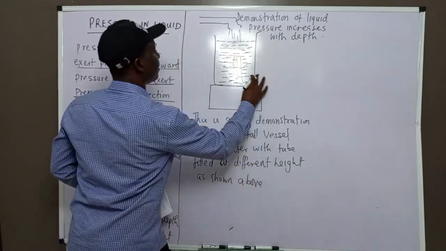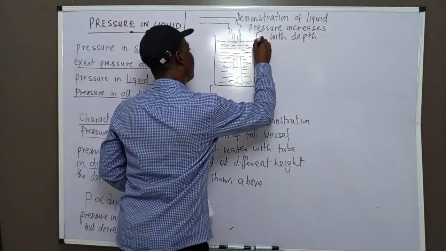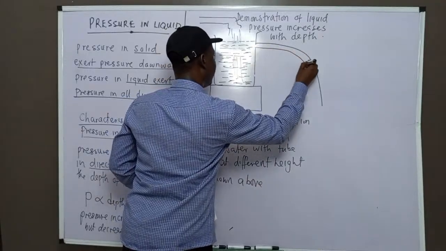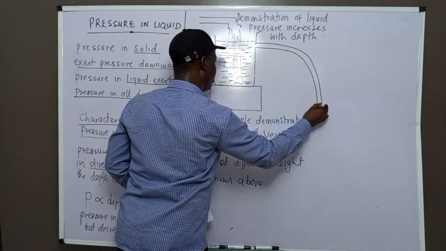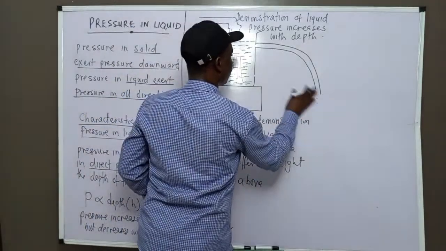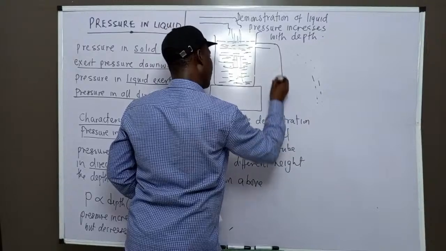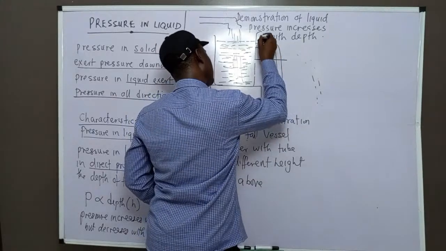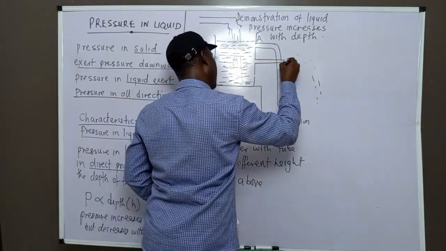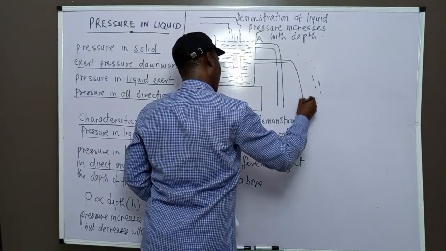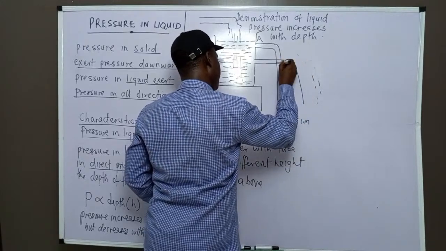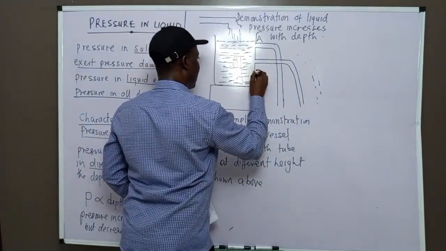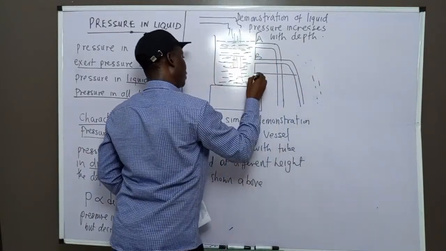Now, let's fill it with water, open there, then fit it with a tube. Let me call this one A. Let me open this one on that side again. This one is A. Let me open here and call it B. And let me open this last place and call it C.